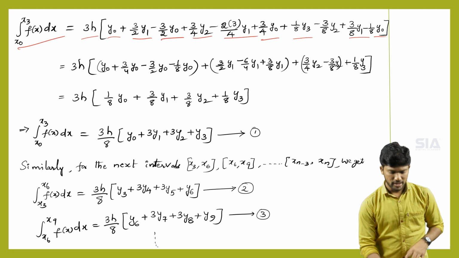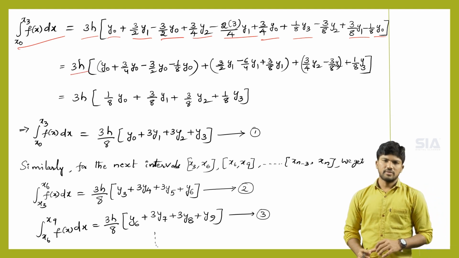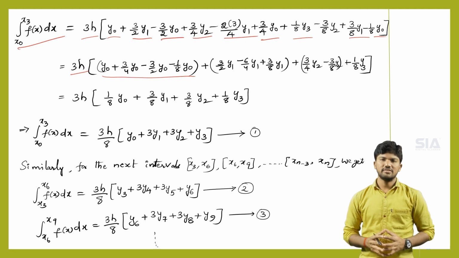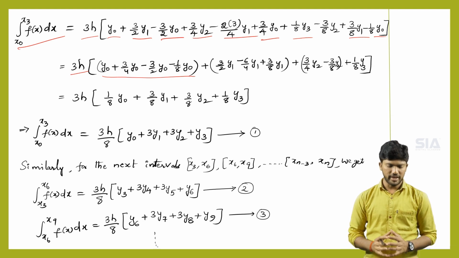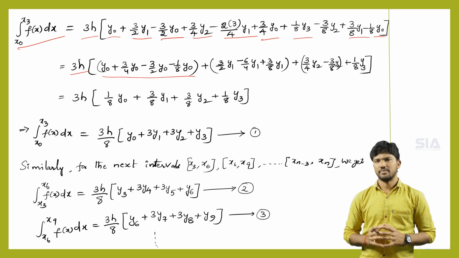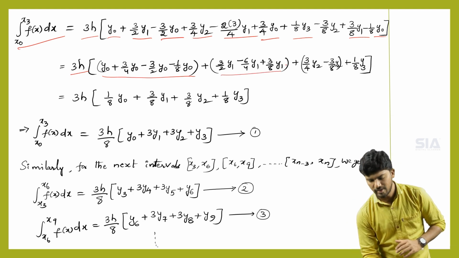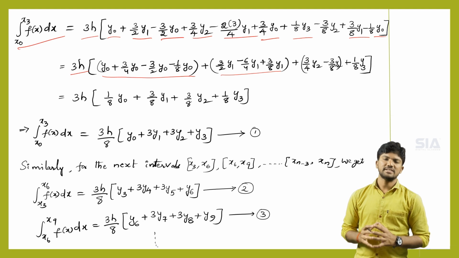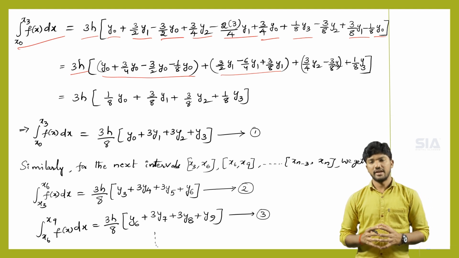Now I am writing all the y0 values in one place: y0 plus 3 by 4 y0 minus 3 by 2 y0 minus 1 by 8 y0. Next, all the y1 values in one place: 3 by 2 y1 minus 6 by 4 y1 plus 3 by 8 y1.